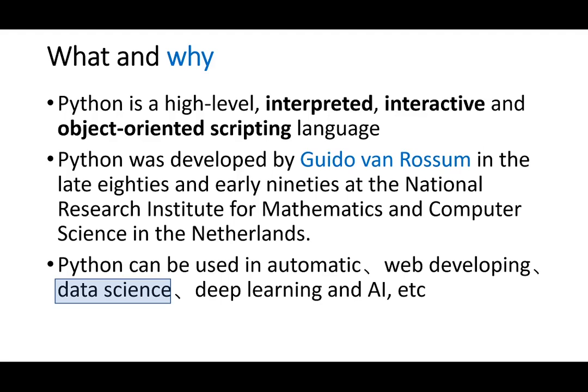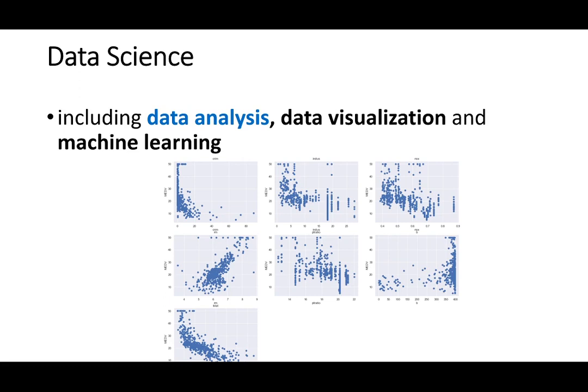Python is used for data science, such as data analysis, data visualization, and machine learning. Data analysis is a process to inspect, cleanse, transform, and model data with the goal of discovering useful information.